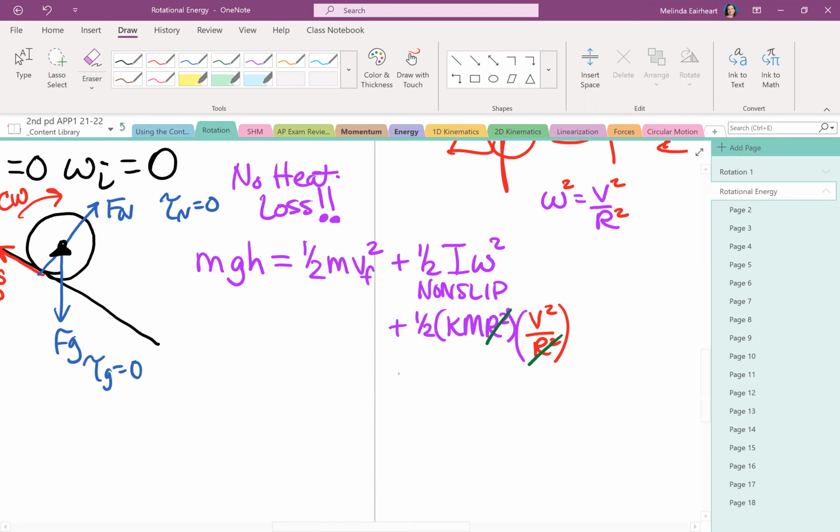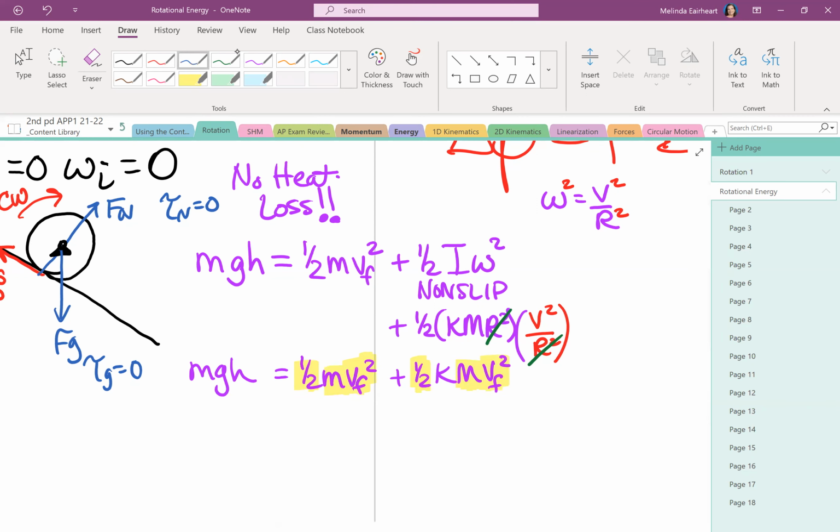And so what's left? We get 1/2 k m v squared plus, and that's a final tangent velocity of the disk. Isn't that similar to the original kinetic energy? Yeah, can't we factor out 1/2 mv final squared?